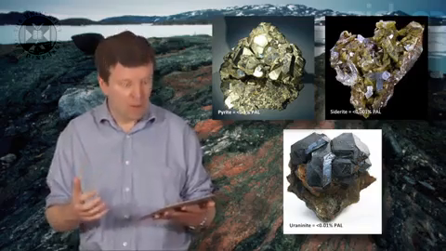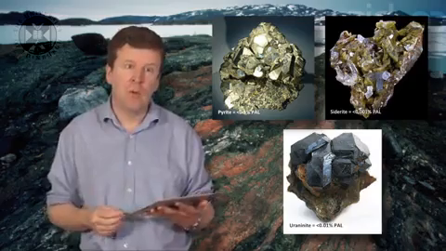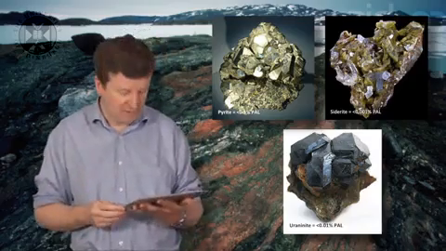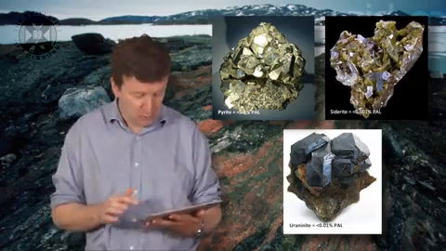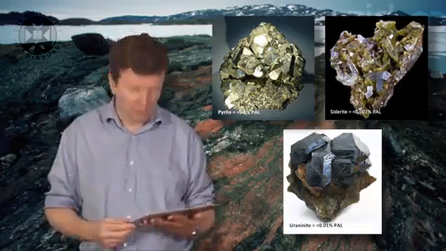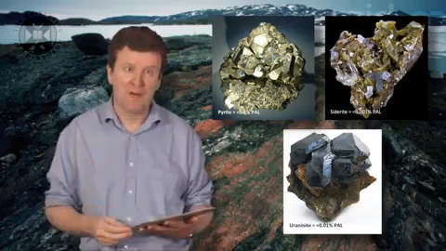Uraninite, which is a uranium oxide, tends to be formed at oxygen concentrations much less than 0.01% of present atmospheric levels. And siderite, which is iron carbonate, is really only formed at oxygen concentrations much less than 0.001%.